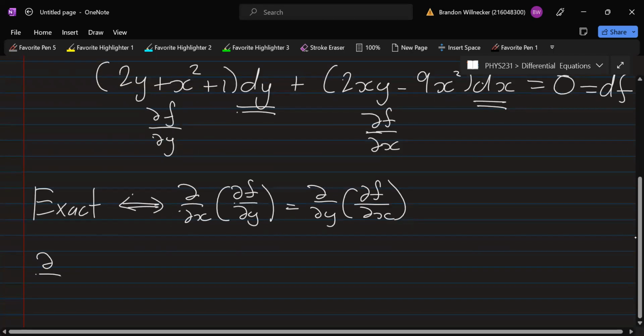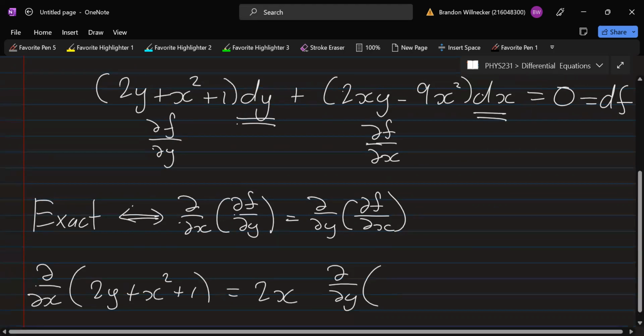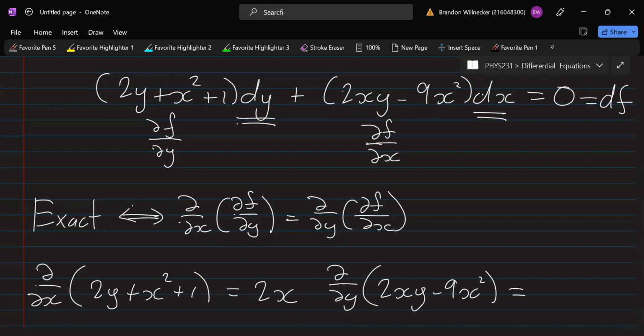So d by dx of this first part, 2y plus x squared plus 1, that's going to just be 2x. And then d by dy of the other one, so we have 2xy minus 9x squared, this is going to be equal to 2x.